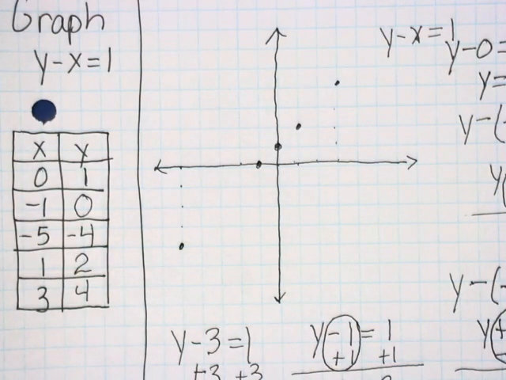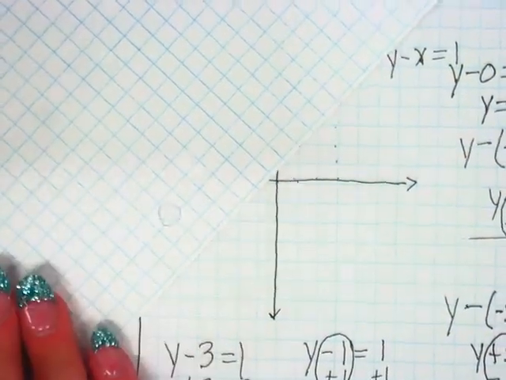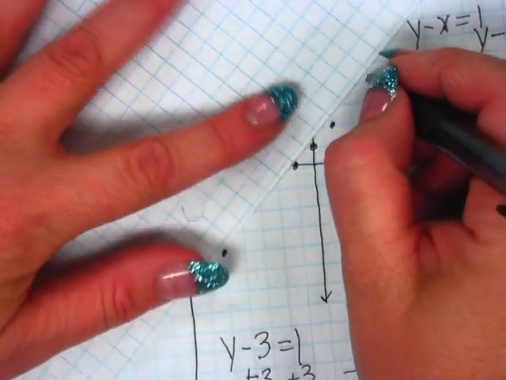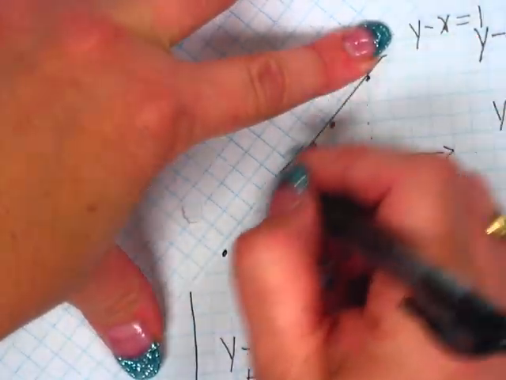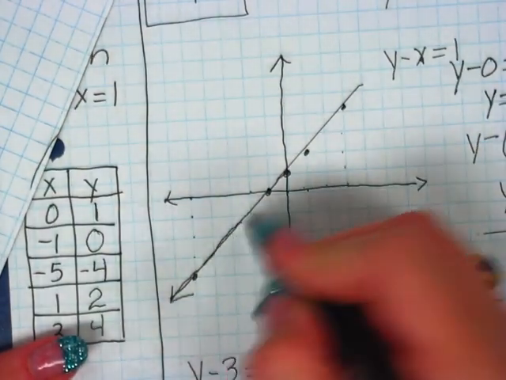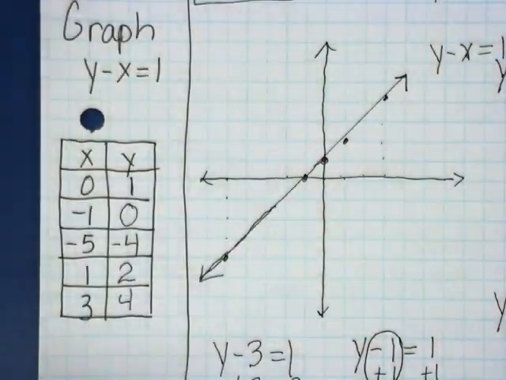Get yourself a straight edge if you don't have a ruler. Line them up. And make sure when you draw the line, not very neat, that you have the arrows on both ends, because that line is never ending. It goes on forever.